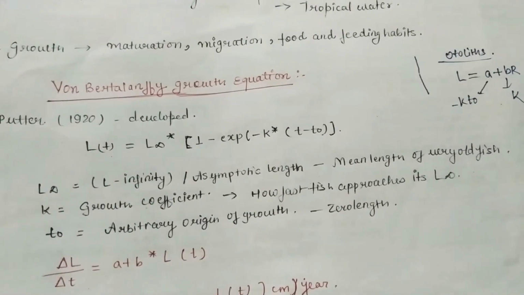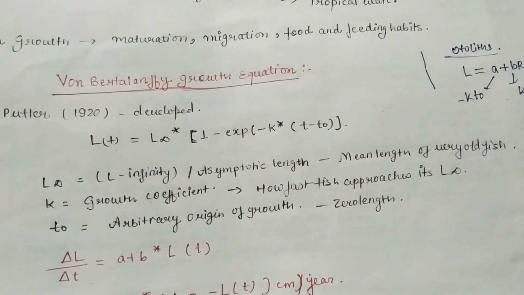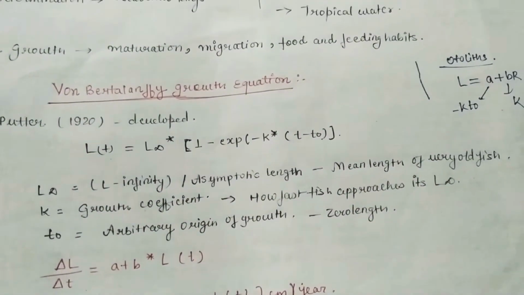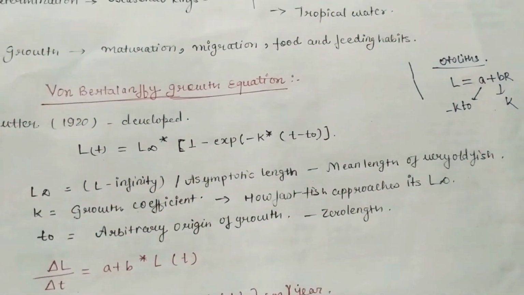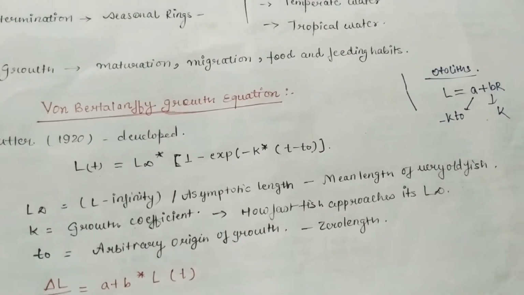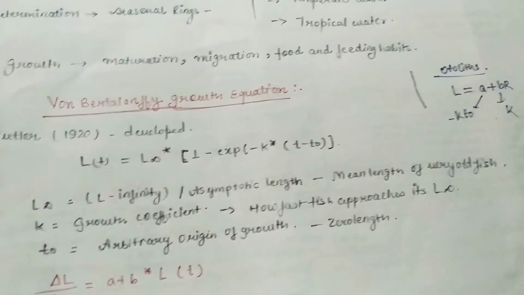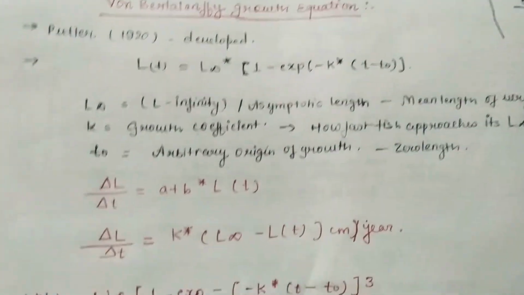Actually in this growth model we have to do nothing, we just have to remember the equation. Something important for the exam is that we have to know what is A of the otolith equation and what is B of the otolith equation in the case of the von Bertalanffy equation.